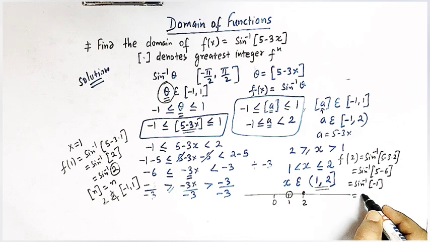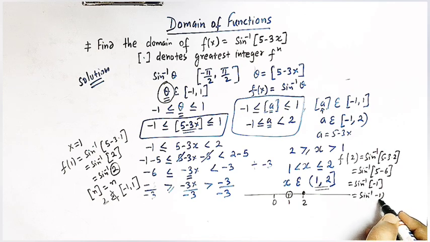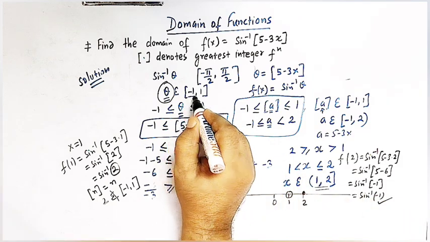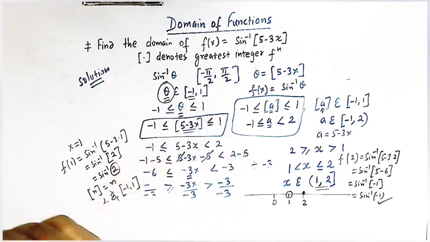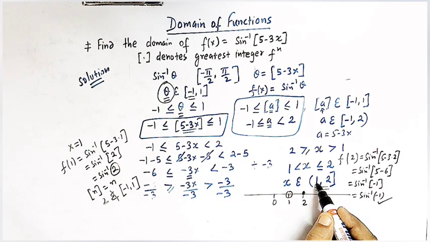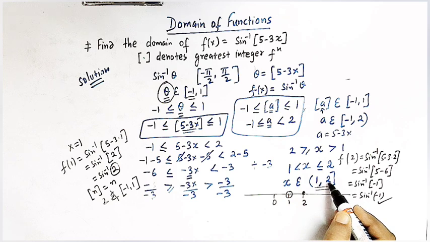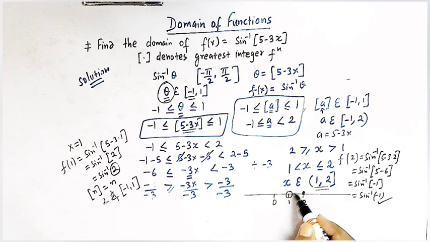So this is sine inverse minus 1. So this is admissible, because here we have minus 1 and here we have minus 1, right? So 1 is not included, but 2 is included, and all the values which lie in this interval are also included.